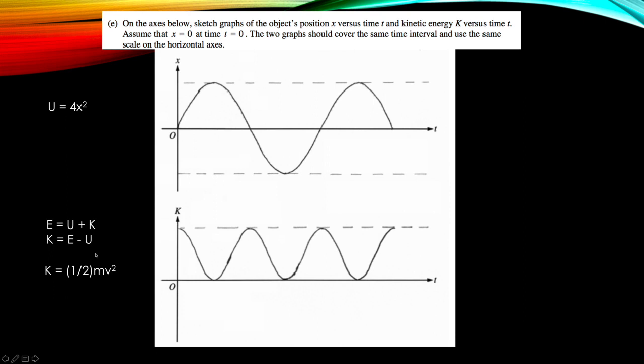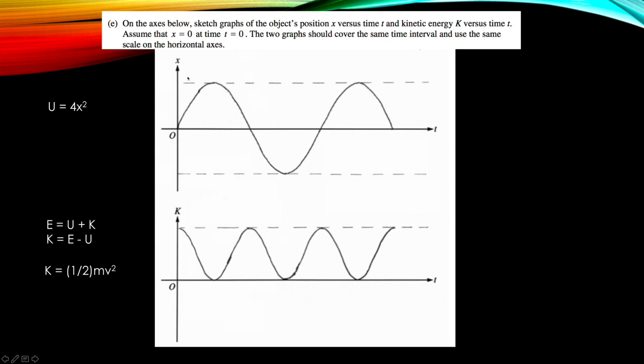And then here they want us to graph the kinetic energy. So E is equal to U plus K, as we know. If we solve for K, we'll get E minus U. So the points we want to look at are the points where this graph crosses the t-axis.